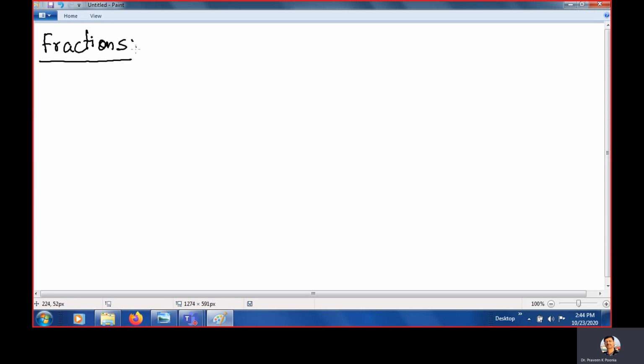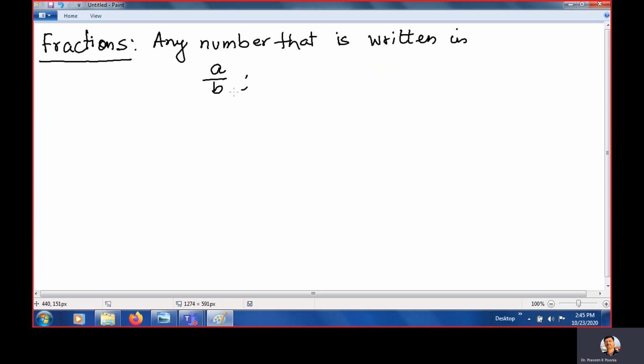What do you mean by fractions? Clear? Any number that is written in A upon B form, where A and B are integers and there is one condition, B is not equal to 0.